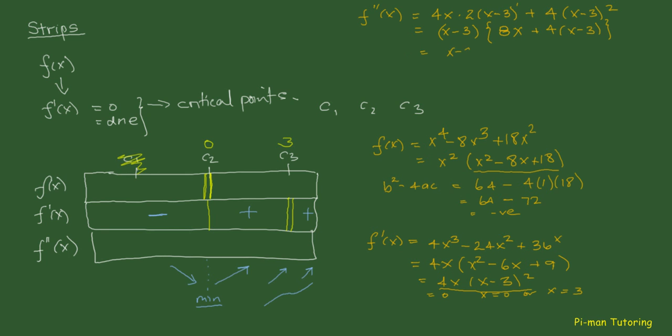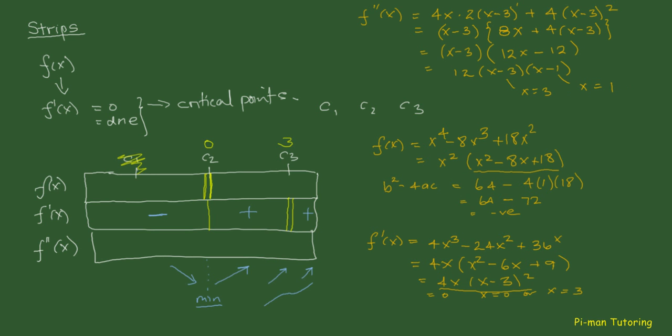That's x minus 3 into 12x minus 12, or pulling out a factor of 12, 12 into x minus 3, x minus 1. So the second derivative has zeros at x equals 3 and x equals 1.